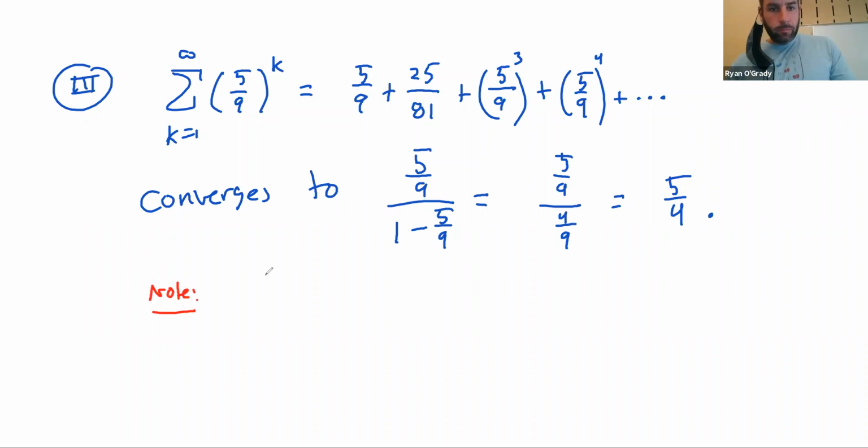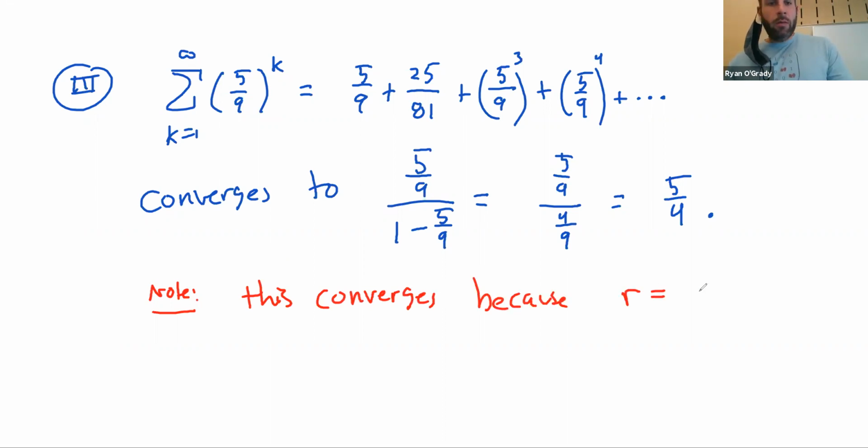Note, this converges because R in this problem, which is 5/9, is less than 1. Or maybe a better way of saying that, because that's technically not enough, is that 5/9 is between -1 and 1.